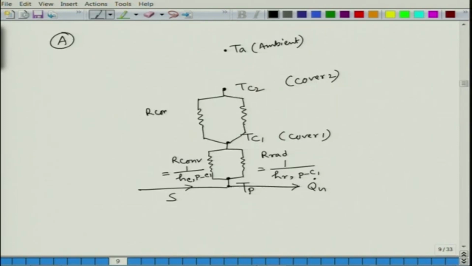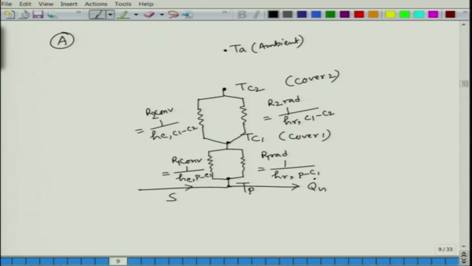One will be R2 convection, that is 1 over Hc, C1 to C2, between cover 1 and cover 2. The second one is R2 radiation, that will be 1 over Hr, C1 to C2.